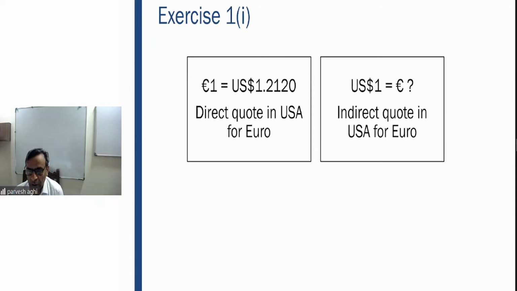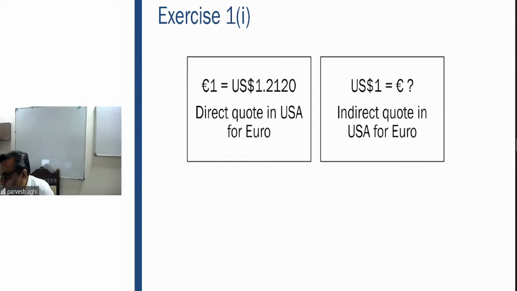So just tell me, one dollar will be equal to how many euros? If €1 is equal to so many dollars, which is a direct quote in America, then to identify a direct quote, look at the right-hand side. The currency which is appearing on the right-hand side would be the home currency. So this is a direct quote for the US for buying €1.